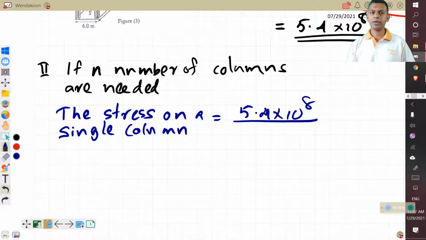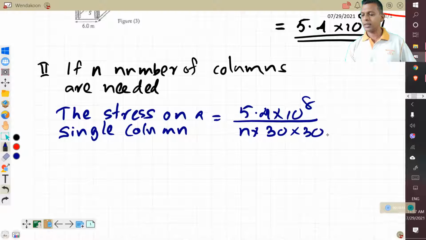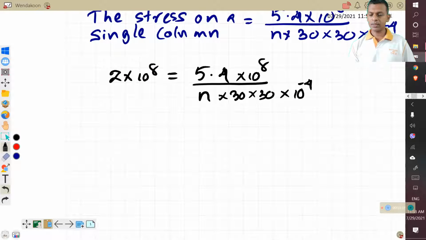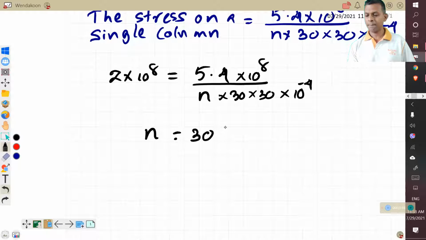Now this must be divided by the area of all the columns, that is n into 30 by 30 into 10 to the minus 4, because 30 is in centimeters. Now this stress must be equal to 2 into 10 to the power 8. Then if you solve this relation, you will end up with n equals 30.